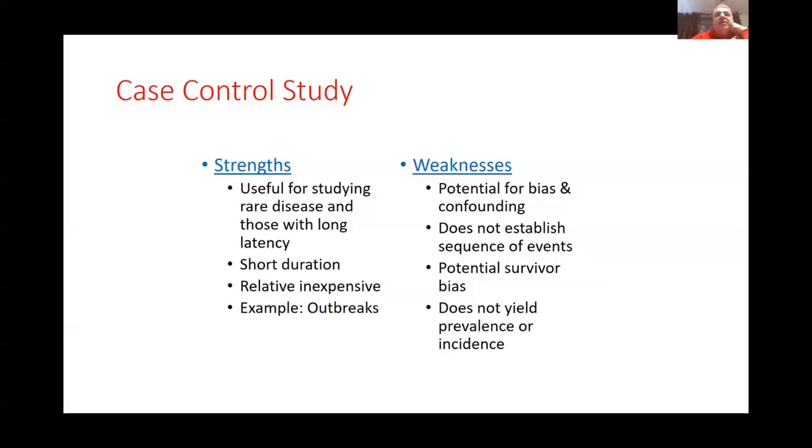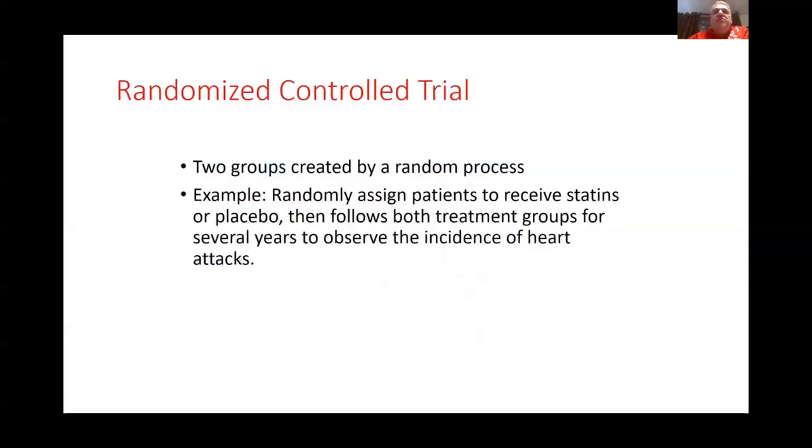Weaknesses: potential, as I said, for biases and confounding, it does not establish the sequence of events, potential survivor bias, and it does not yield prevalence or incidence. It just gives me an estimate of the odds ratio, which is a substitute for relative risk.